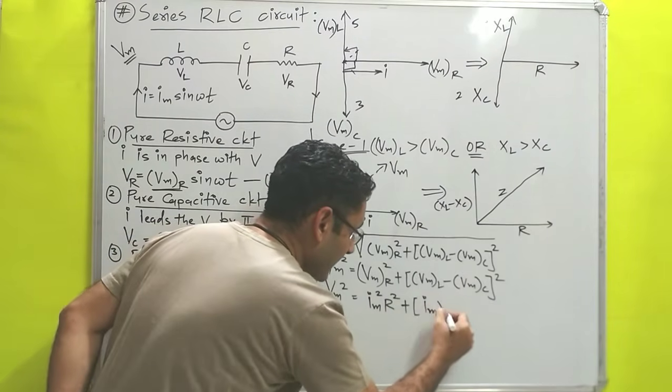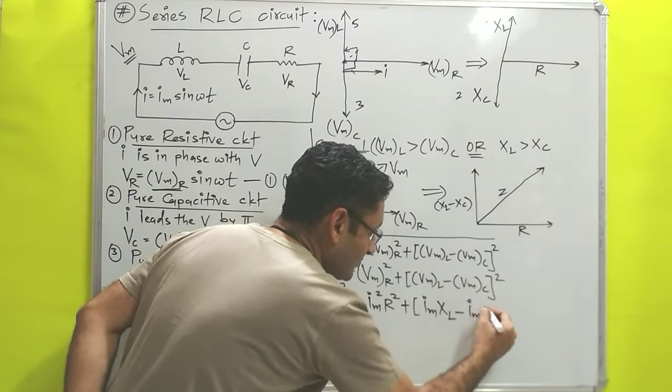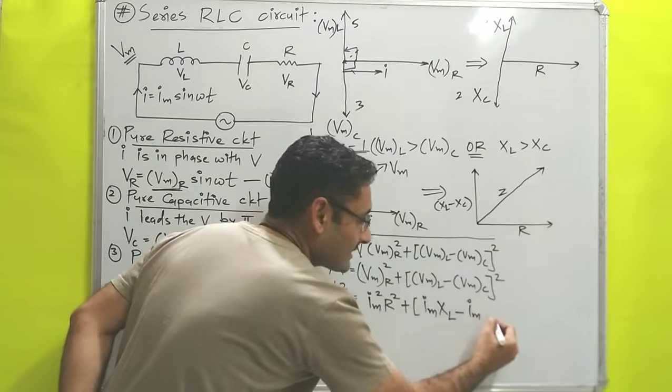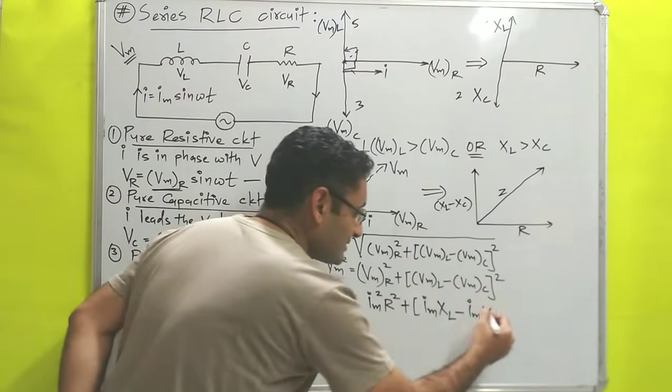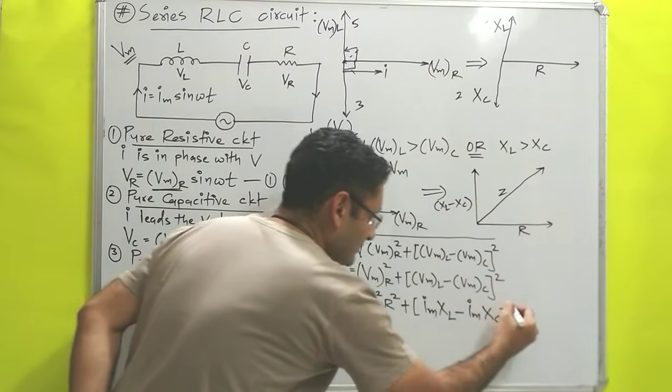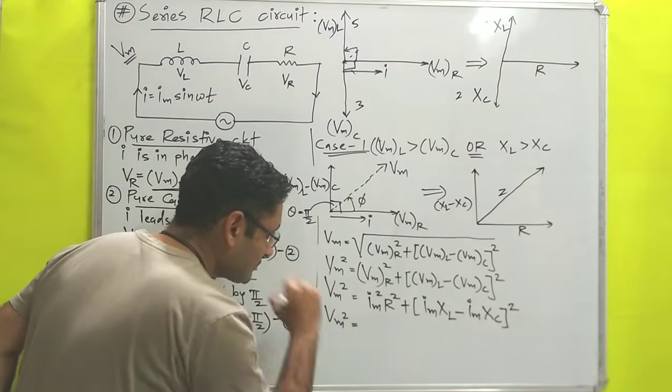So I will write XL minus Vm of C. Vm of C is equals to what? Im R. So over here we will not write R, but we will write XC. XC is what? It is one type of resistance which is known as capacitive reactance. So whole square.